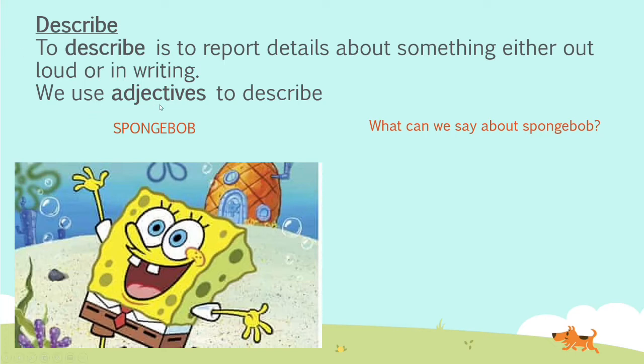And we use adjectives to describe. Kita menggunakan kata sifat untuk menceritakan tentang sesuatu. And here I have an example of SpongeBob. So, how do we describe SpongeBob? Bagaimana kita nak menceritakan tentang SpongeBob?